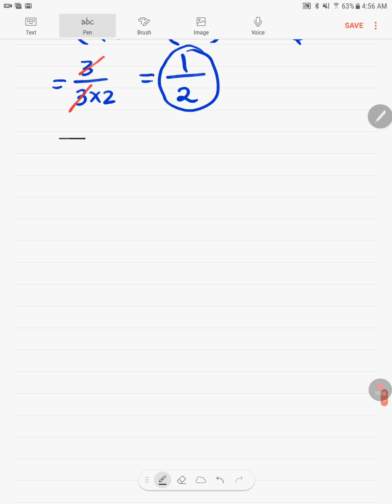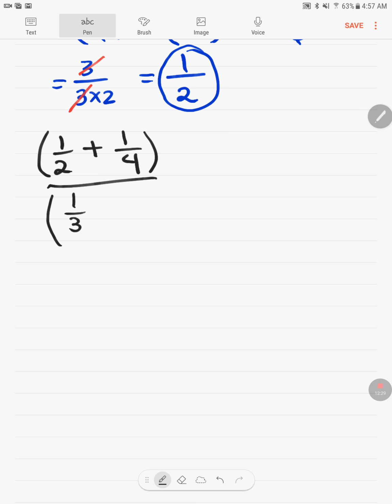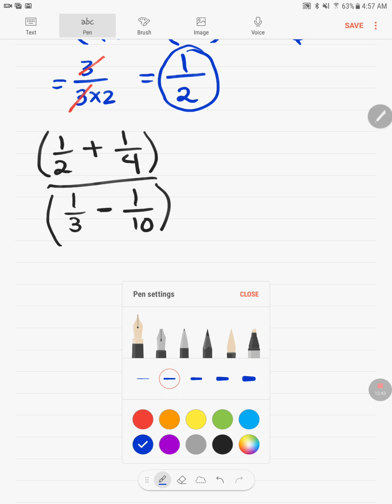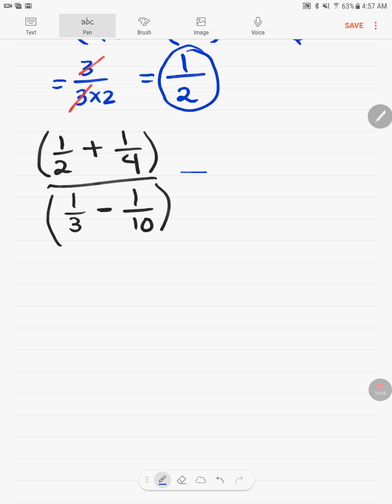The problem is, let's take 1/2 plus 1/4 divided by 1/3 minus 1/10. This is an interesting problem. So to do this, we need to do it part by part.